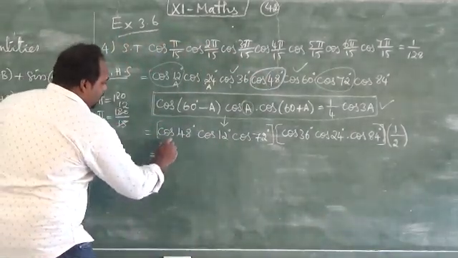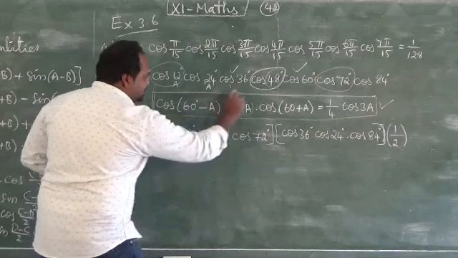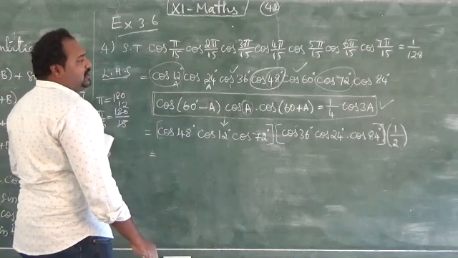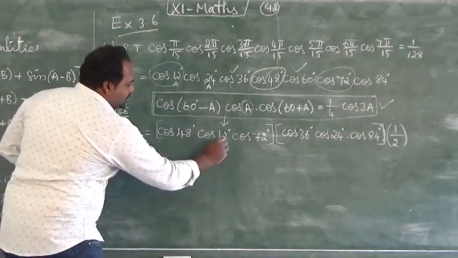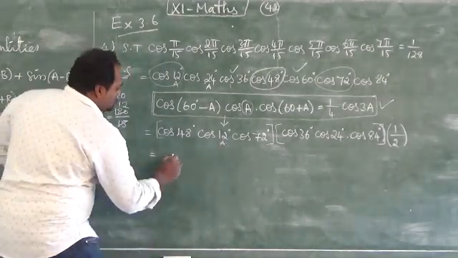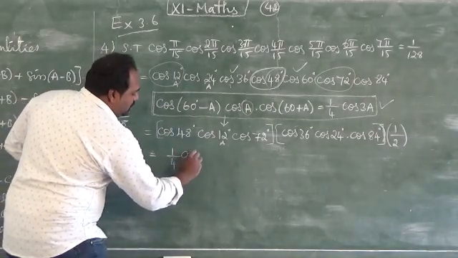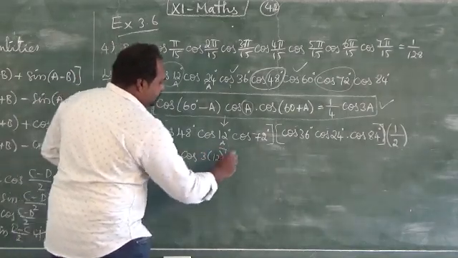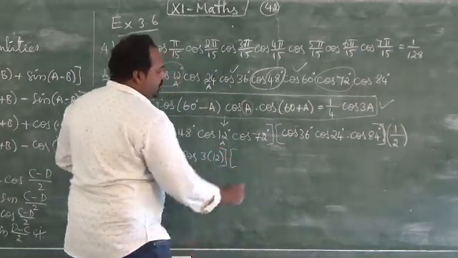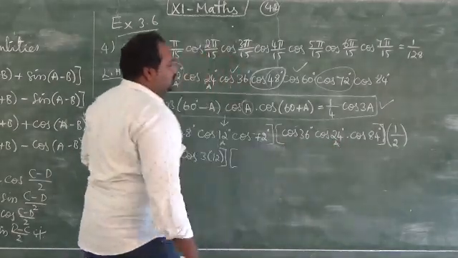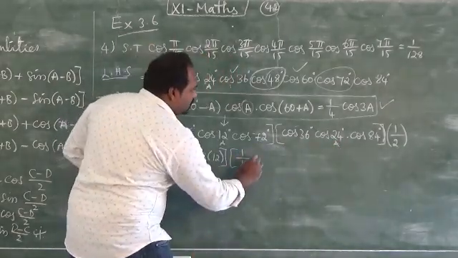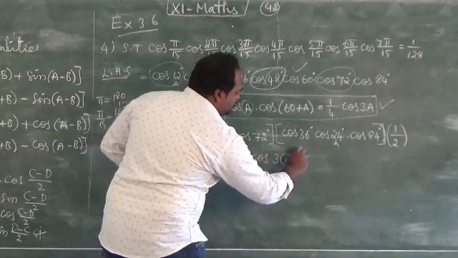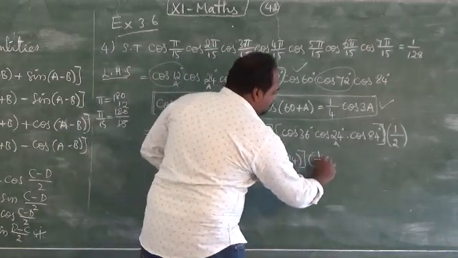Now I told you, if the order is like this, directly we can write the right hand side as 1 by 4 into cos 3A. Here what is A? Here A is 12. So 1 by 4 cos 3 into 12, into, here A is 24, so 1 by 4 cos 3 into 24, into 1 by 2.